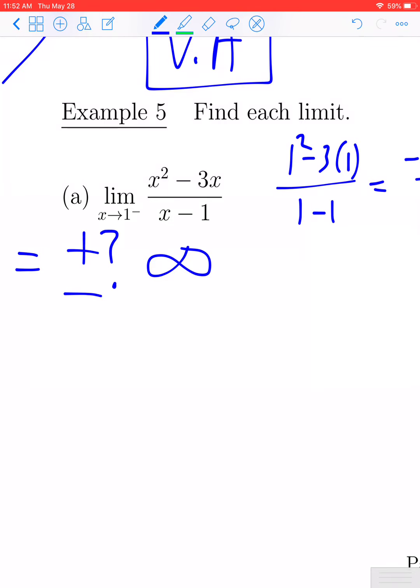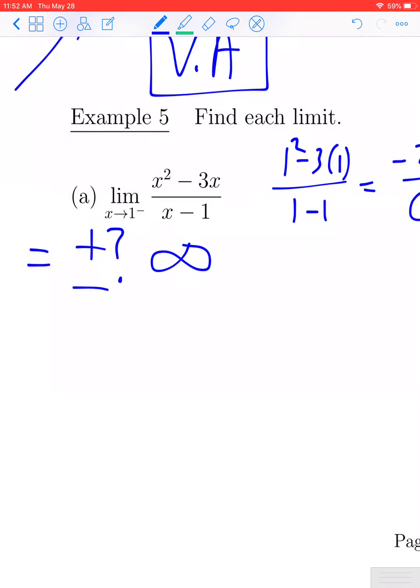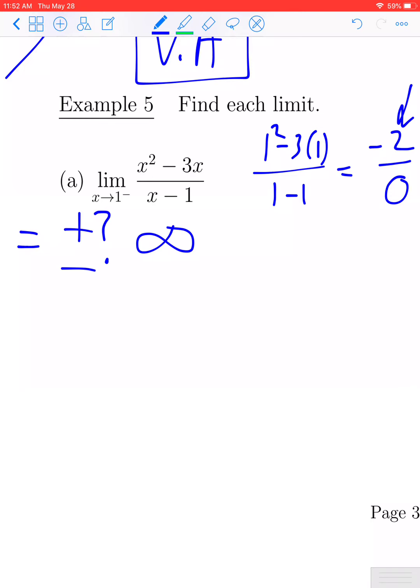The question is, is the function approaching positive infinity, or is it approaching negative infinity at that point? To answer this question, you can do a couple different things. You could either graph it and just visually look at it, or if you want to, you can just plug in one number that's approaching 1 from the left-hand side and see what you would get for the sign of your output.